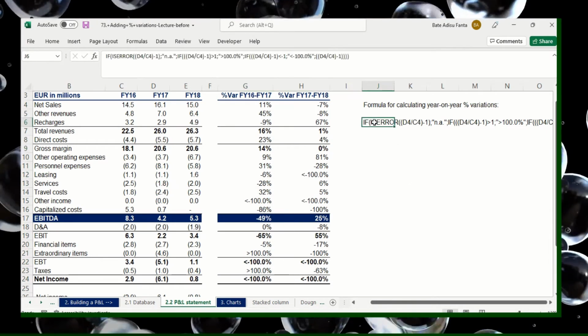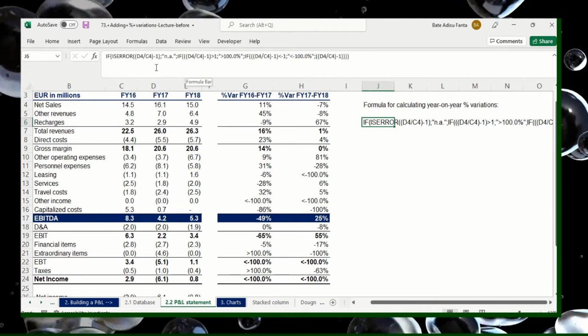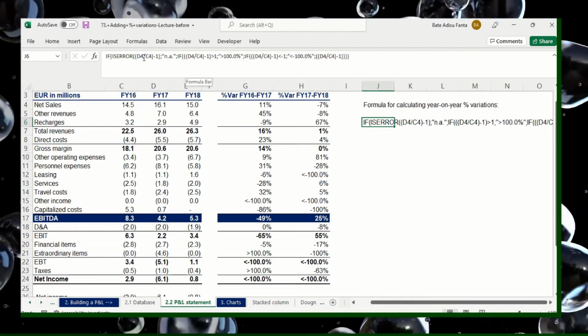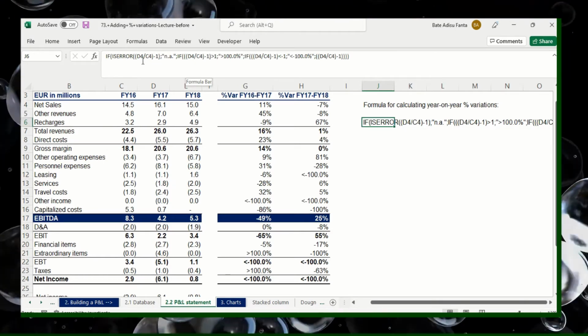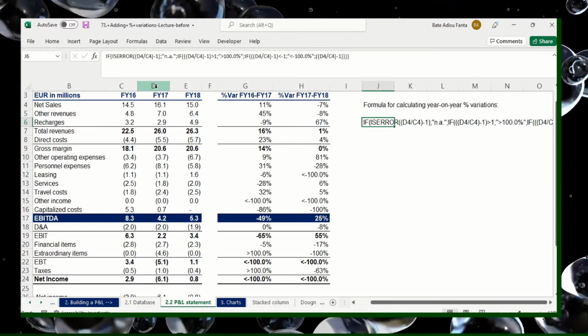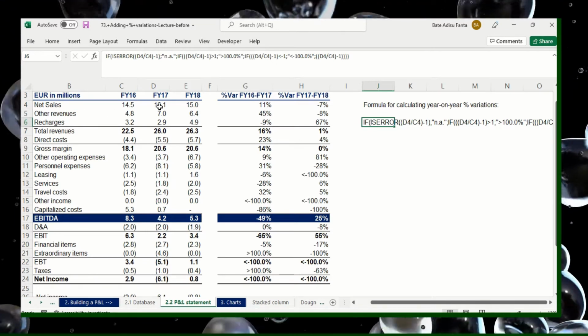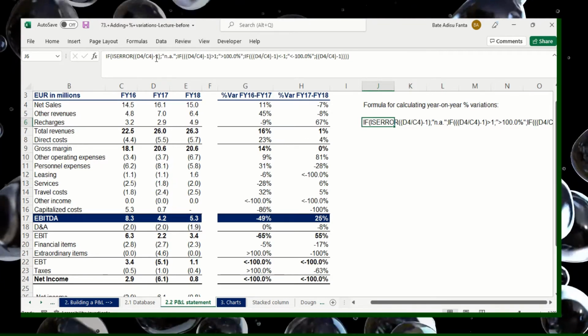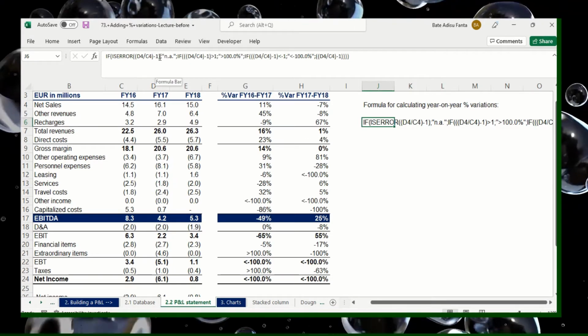So just to say something about the formula, as you see here, this formula simply takes two values from two cells. You see D4, this is column D and row 4, over C4, which is this one, minus 1.